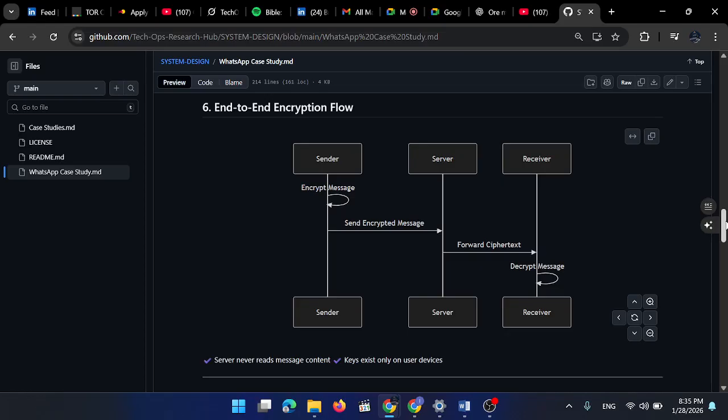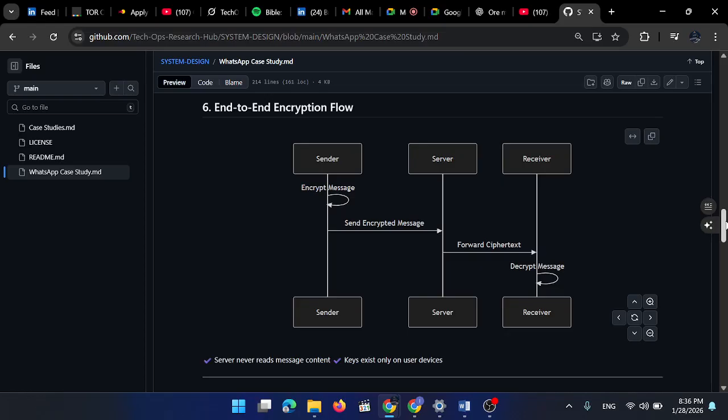First of all, when the sender sends the message, we expect that the message is already encrypted, because on your end, before you even think of sending or typing the message, it's already encrypted. Once you send it to the receiver, it passes through some levels.